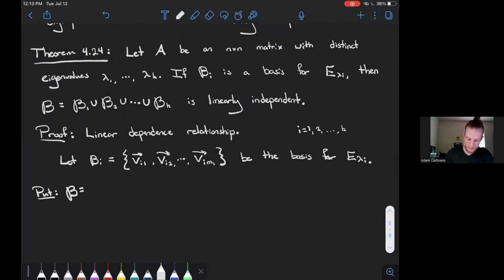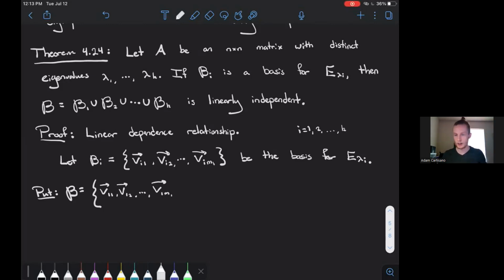This set B, what is it here? It is the following set: v_11, v_12, all the way up to v_1 m_1. I don't know how many. I don't know what the dimension of the first eigenspace is.